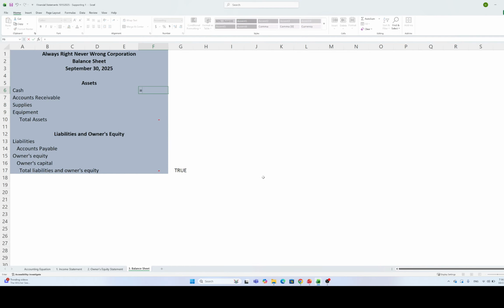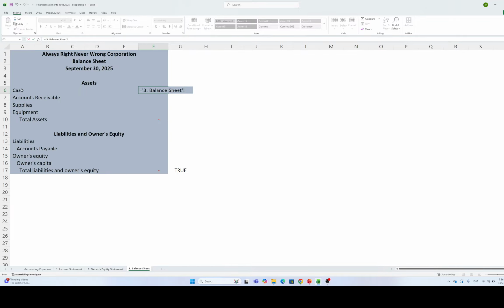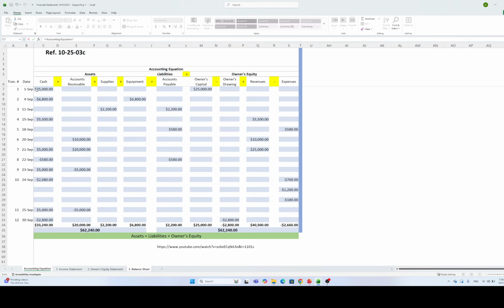But you will also see that the numbers should be the same. So what I do is I copy, you can either type it manually, but you can also use an Excel formula. The first one, if you see here, is cash. Cash in the accounting equation is here, so you basically take the sum of the cash.